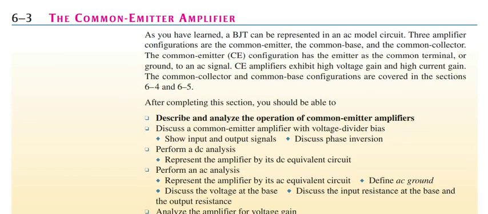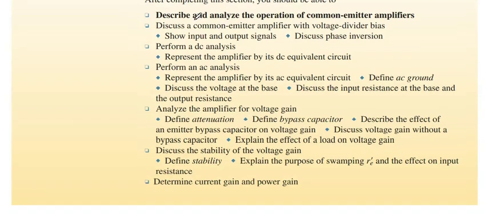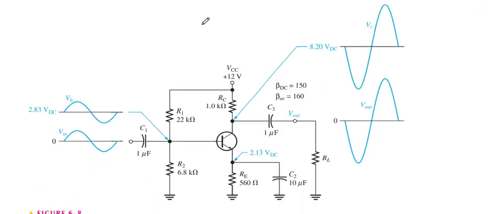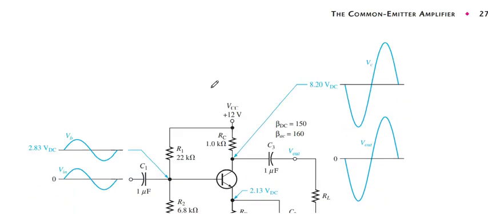Now we start the common emitter amplifier. I am going to the circuit. Again, the circuit is the same, we just add one more capacitor C2 here. There C1 and C3 are coupling capacitors and C2 is a bypass capacitor.